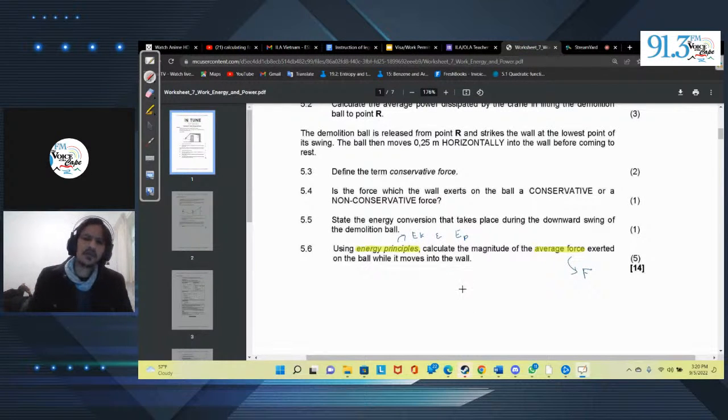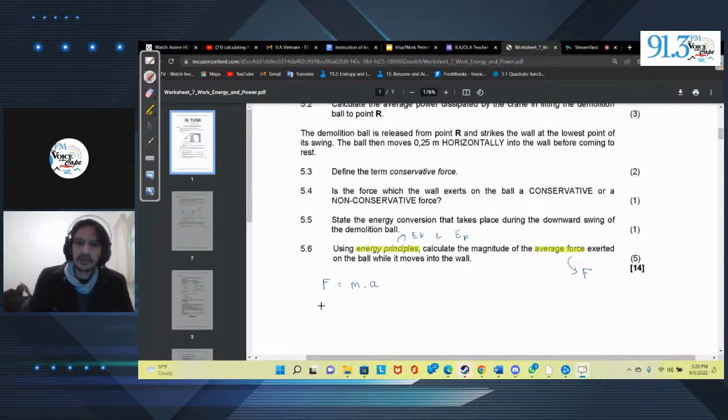Okay, so how do we go about this? Well, let's first identify the relevant equations that we may need to use, and let's also identify the clues that have been given to us. We know that force is equal to mass times acceleration.